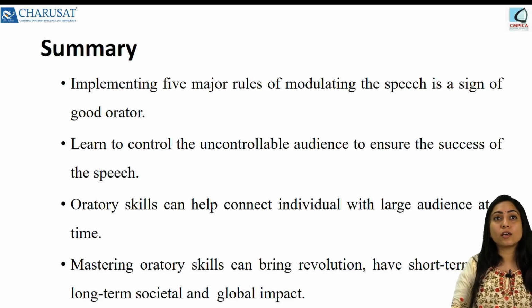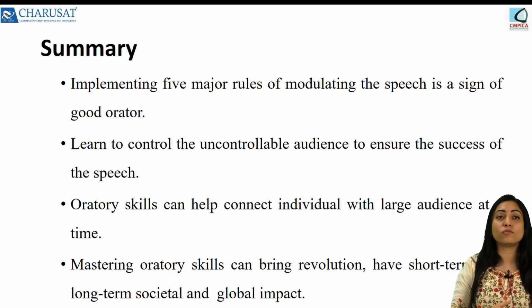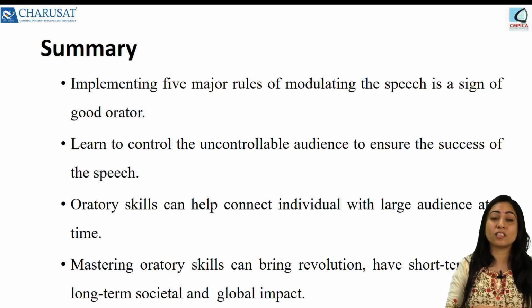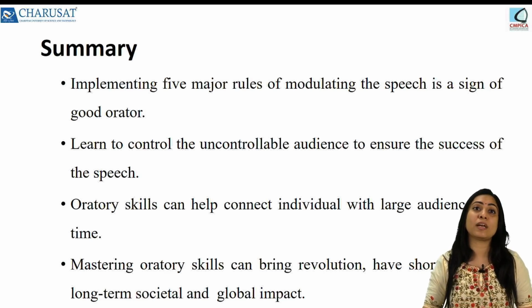Again, it's important to note that oratory skills can help connect an individual with a large audience at a time. Do not forget the digital footprint that people might leave in the digital era, right? In the age of technology where everything is on the internet, everything can reach multiple people at a time without you knowing.